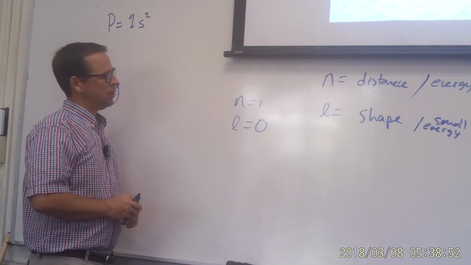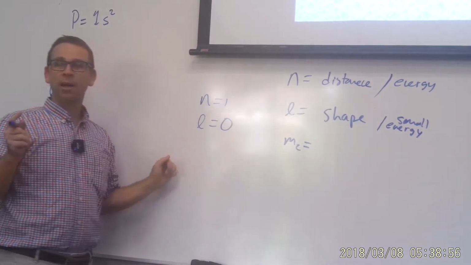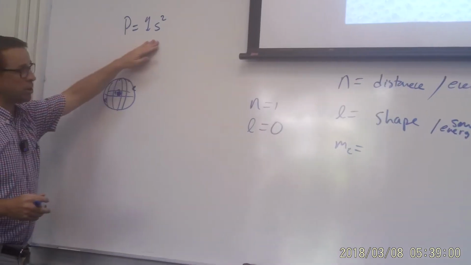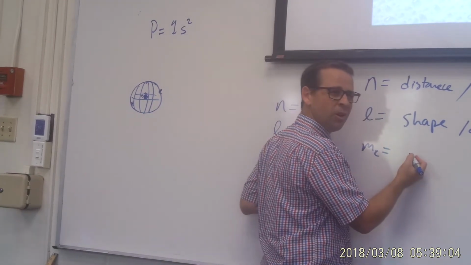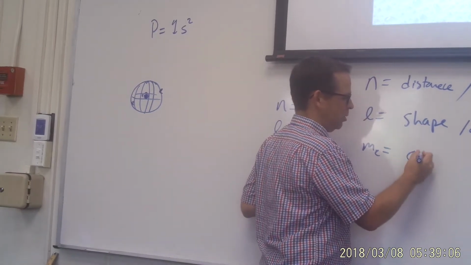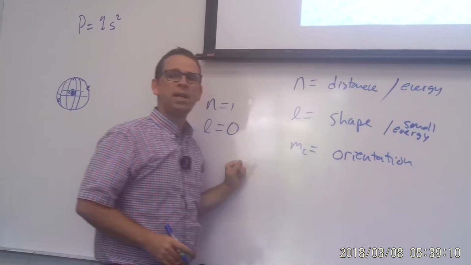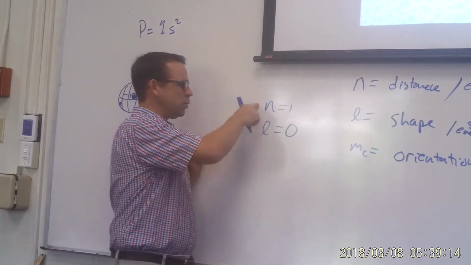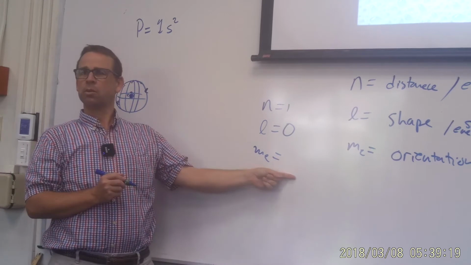Okay? M sub L, that's the next quantum number, is not used in the electron configuration, but it corresponds to the, did anybody remember? The orientation of the orbital. So for n equals 1, L equals 0, what are the possible m sub L values?